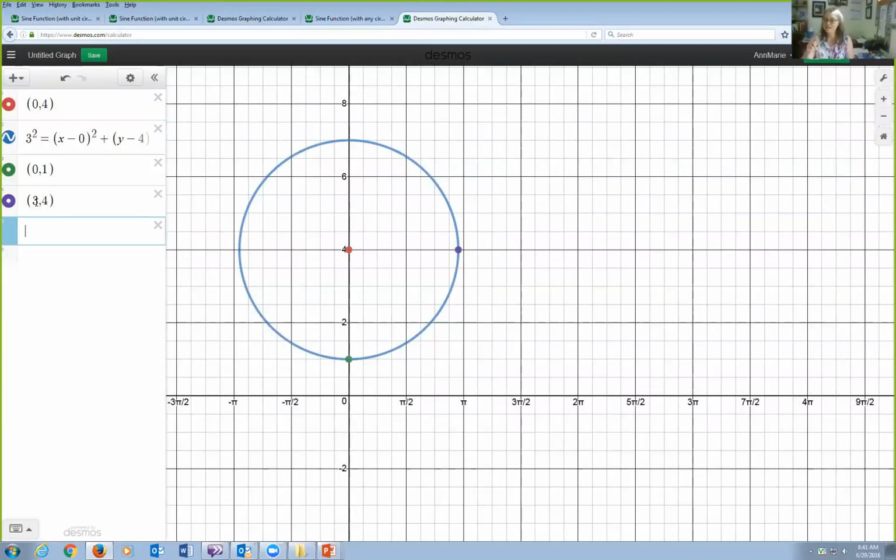What is the angle? If I think about moving from here to here, how far did I go? That's 90 degrees, or a quarter of the circle.